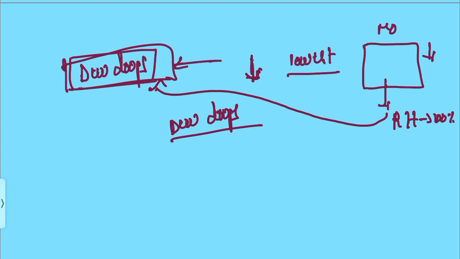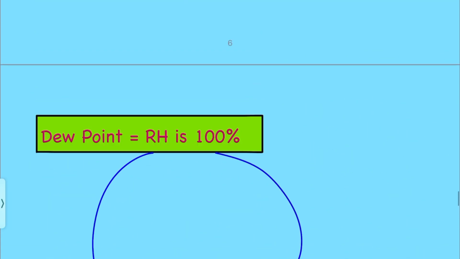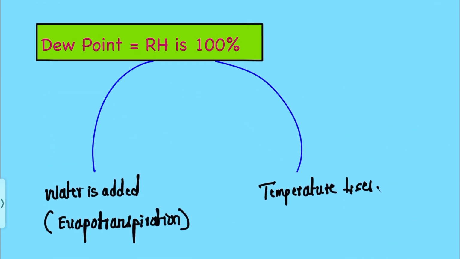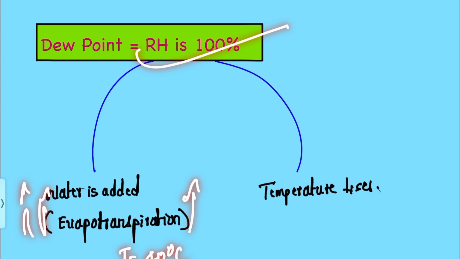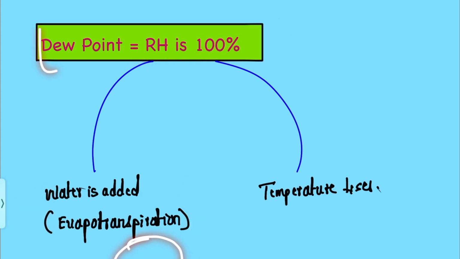So, how can you reach dew point? There are two ways in which dew point or RH can be made 100%. First, you keep the temperature constant. We kept it at 40 degrees, and you keep on adding moisture. So RH will be 100% and that temperature is the dew point.